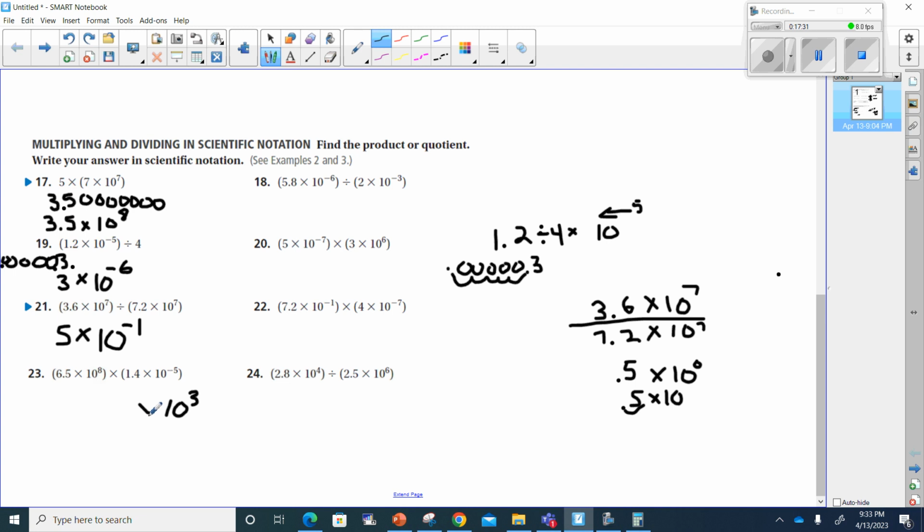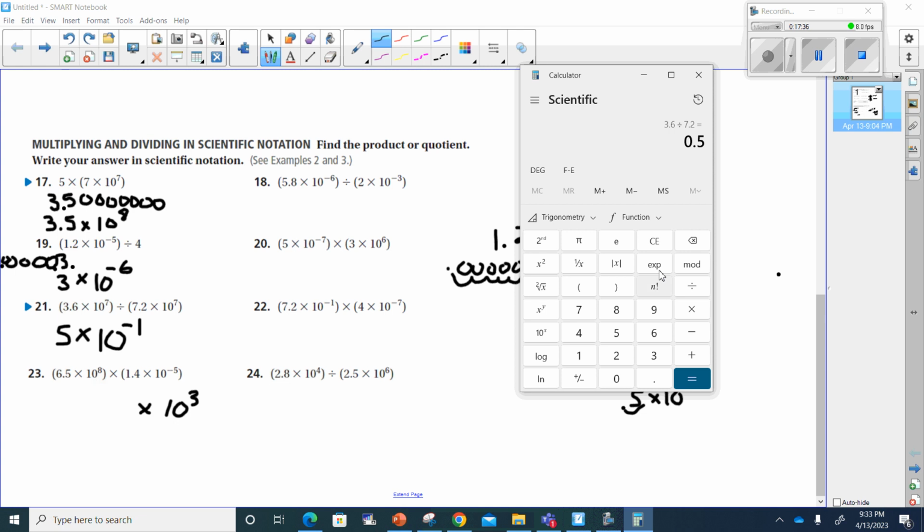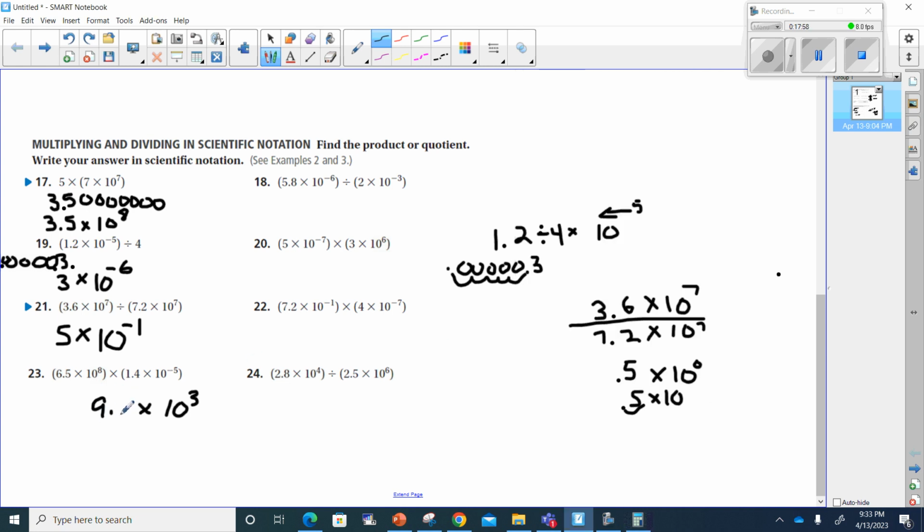Let's see, and then we have 6.5 divided by 1.4. 6.5 divided by 1.4 is going to give us, oh, is that right? 6.5, oh, I'm sorry, we're multiplying. 6.5 times 1.4, big difference. That's going to give us 9.1. So we should get 9.1 times 10 to the 3rd power.